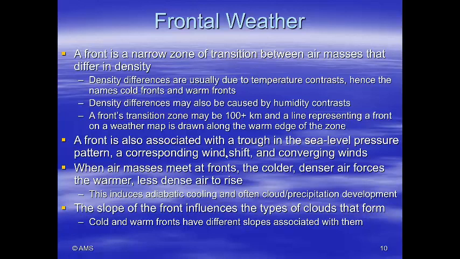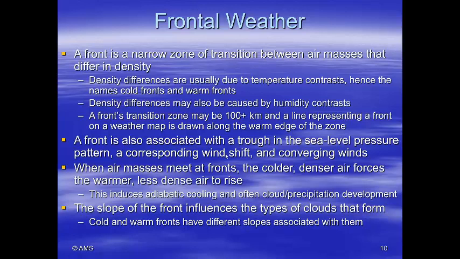A line representing the front on the weather map is drawn along the warm edge of the zone. A front is always associated with a trough in sea level pressure, so that's a low, and a corresponding wind shift and converging winds.